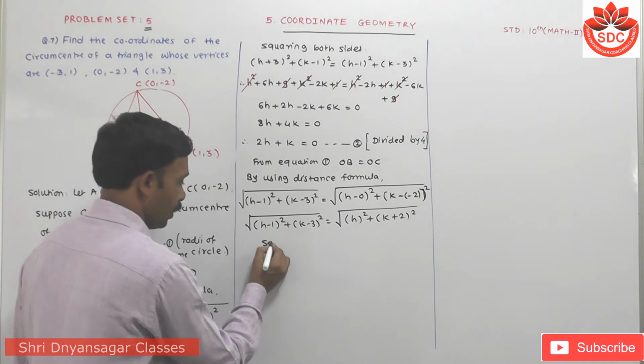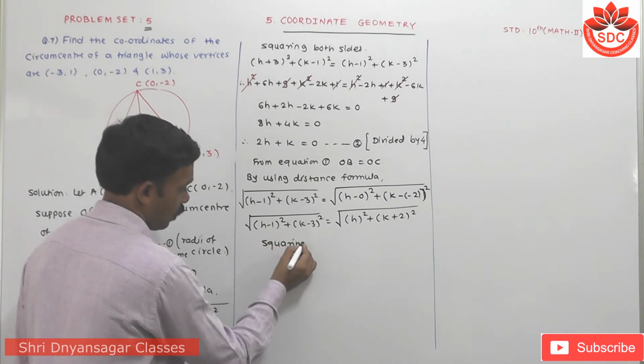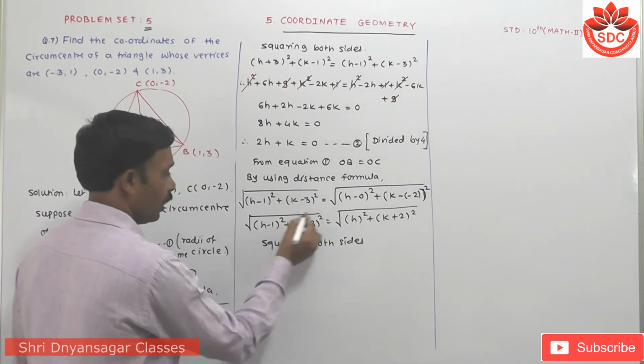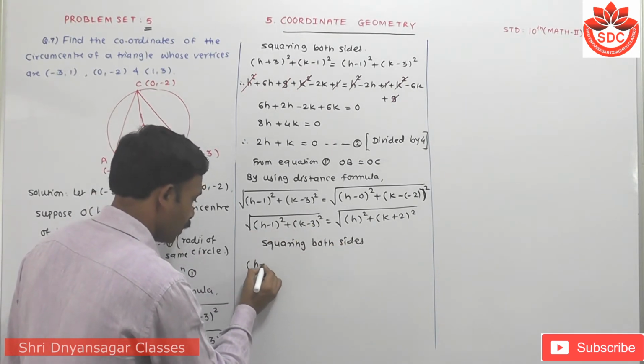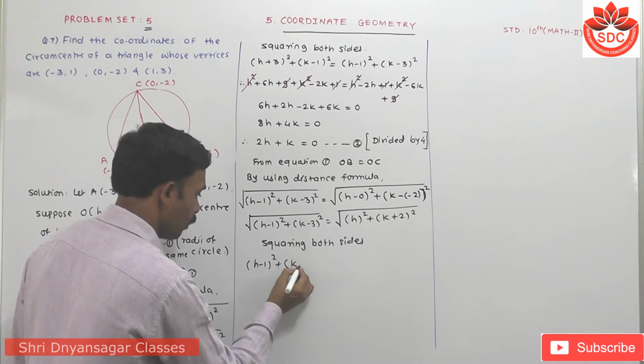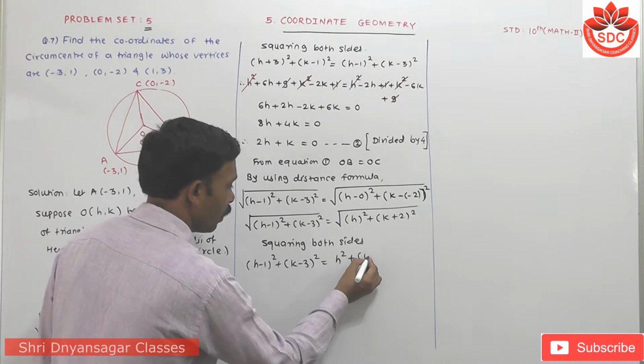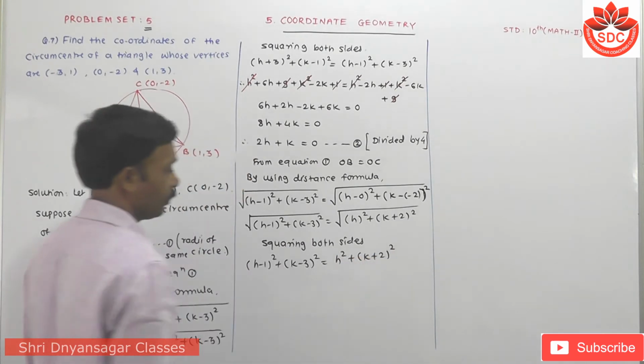Then squaring both sides. When we square, this root sign gets cancelled, meaning (h − 1) whole square plus (k − 3) whole square is equal to h square plus (k + 2) whole square.